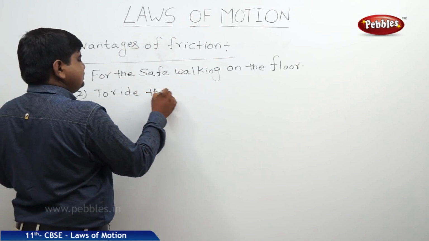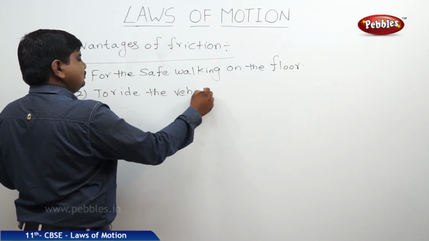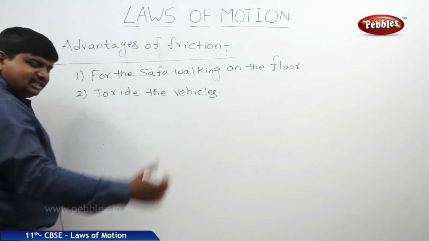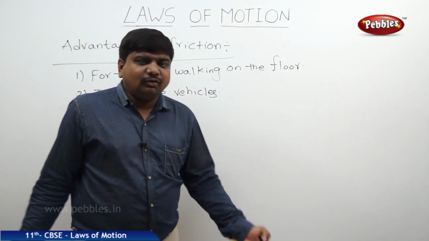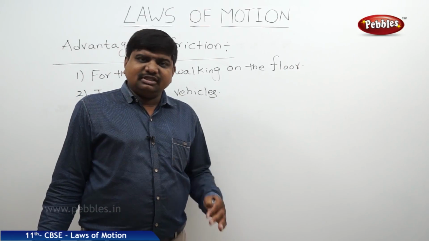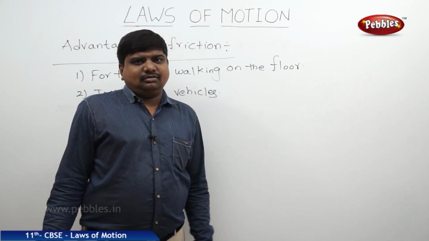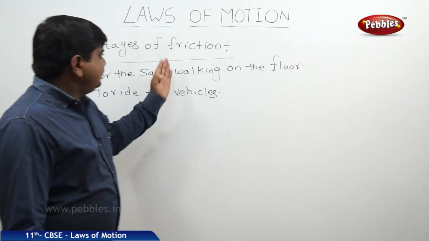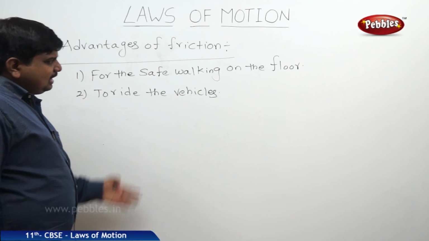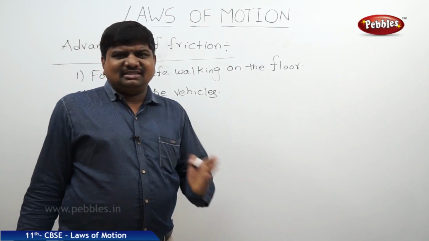This friction gives a sufficient grip between the floor and the tire surface, which keeps the vehicle going. That's why these are the advantages of friction. Like this, we can assume many examples.